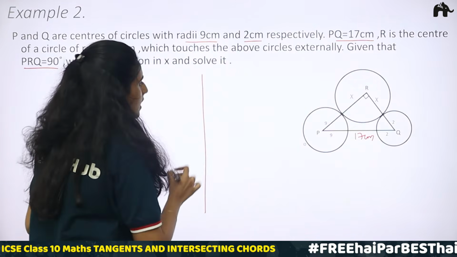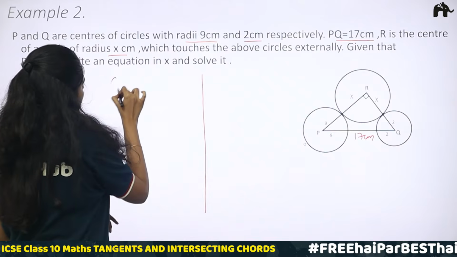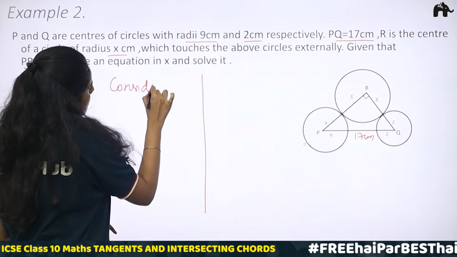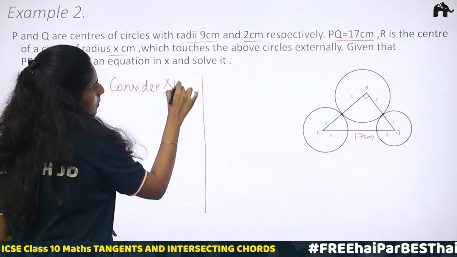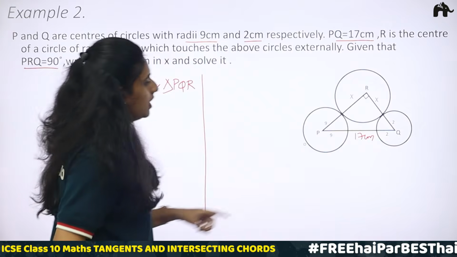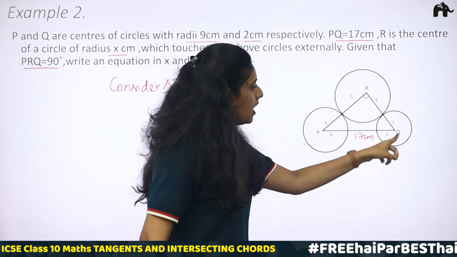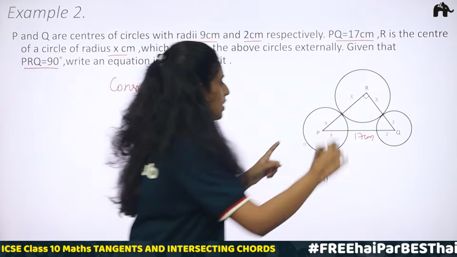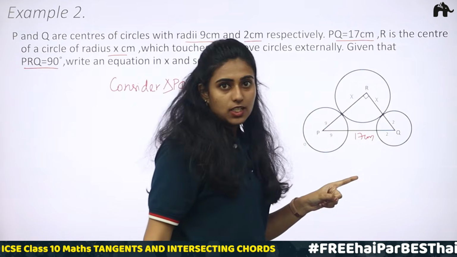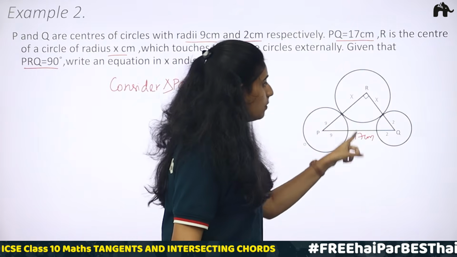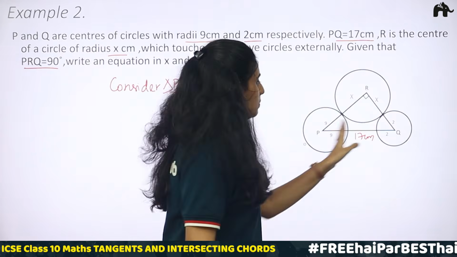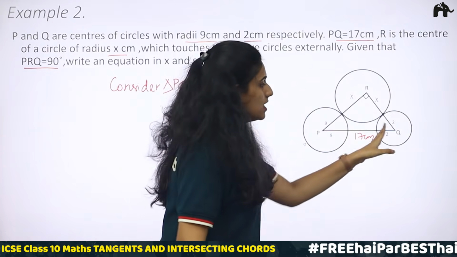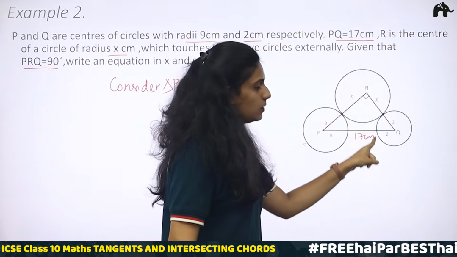Okay. Here, when you consider triangle PQR. Given that angle PRQ is equal to 90 degree, which means PQ will be the hypotenuse. We have side opposite to right angle will be the hypotenuse. PQ is the hypotenuse and we know the measure of PQ.